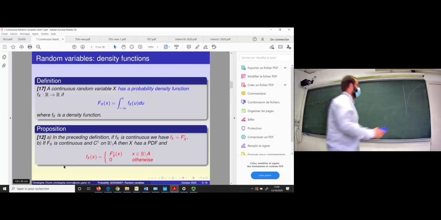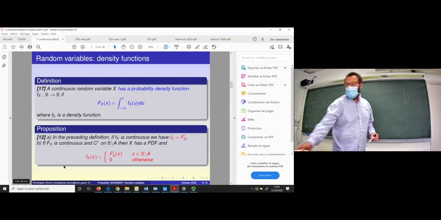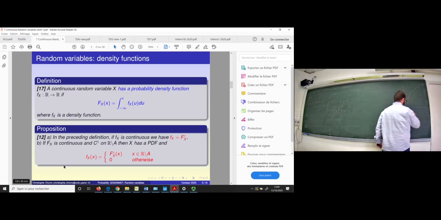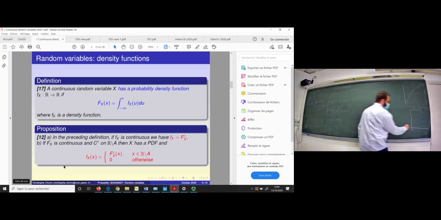What is the distribution function of a uniform on the interval 0, 1? I can plot it. What is, I repeat, the distribution function of a uniform on the interval 0, 1? Something we have seen together.